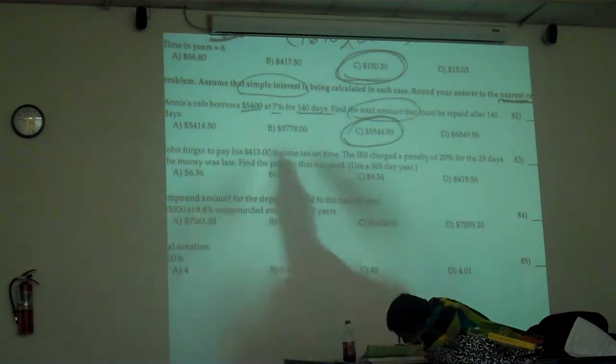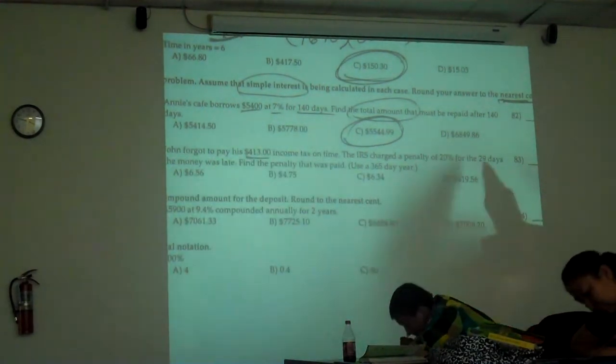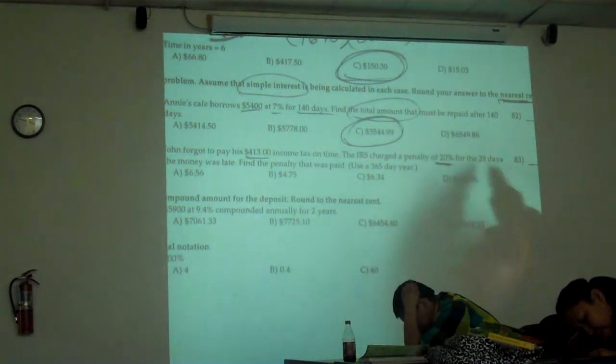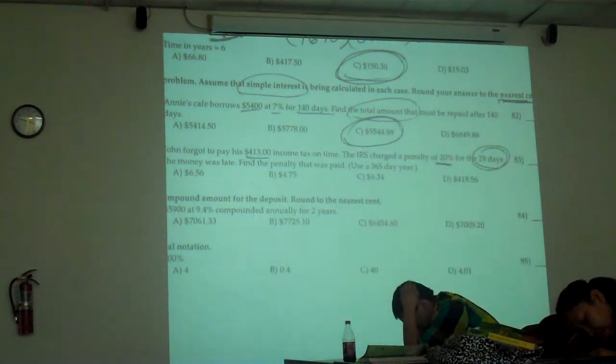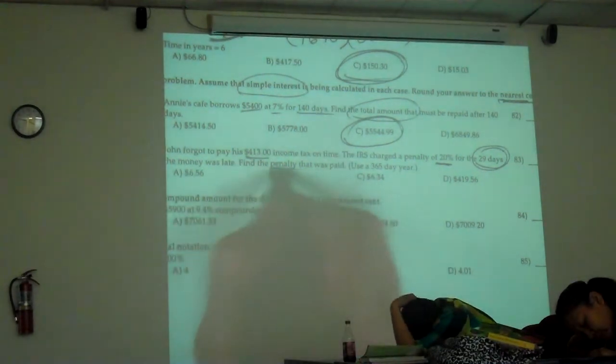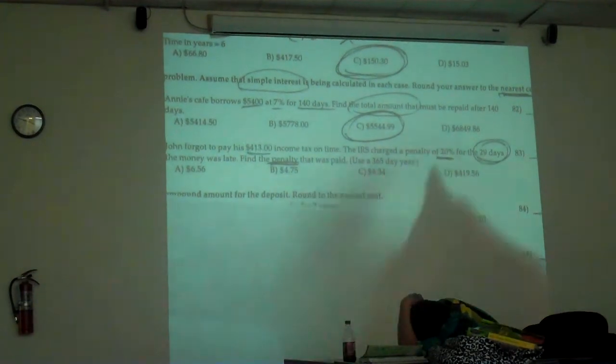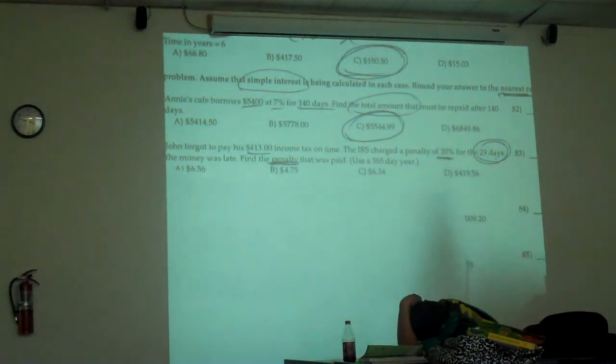Okay, John forgot to pay his $413 income tax on time. They charged 20% for the 29 days it was late. Find the penalty. All you need is your penalty, not the total amount paid. So you only need 20% for 29 days.